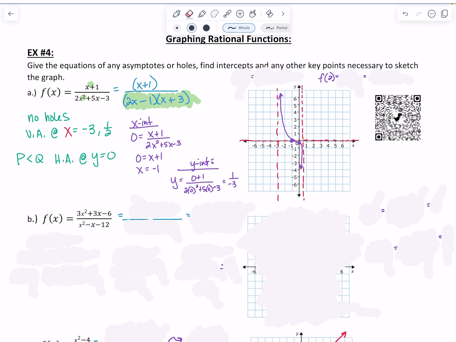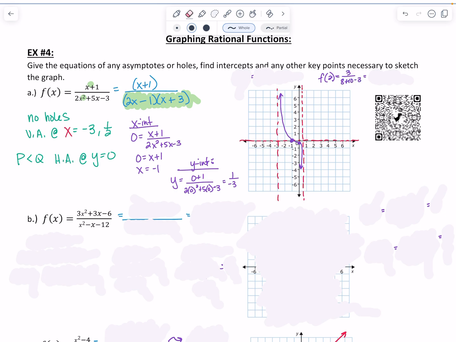And I'm going to plug in 2 into my function so I can figure out, are my y values positive, or are my y values negative? And so then I have a better idea of where to graph the rest of my function on that right side, okay? So if I plug in 2 into my original function, on the numerator I have 2 plus 1, that's 3.